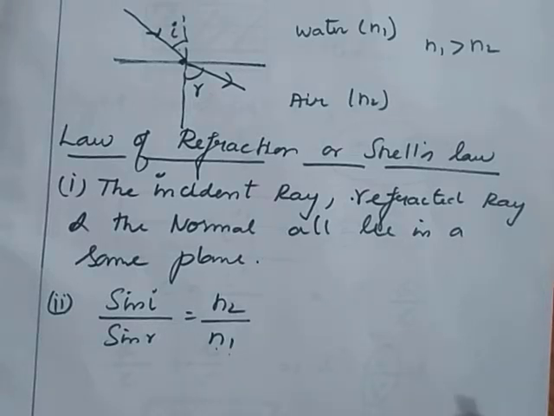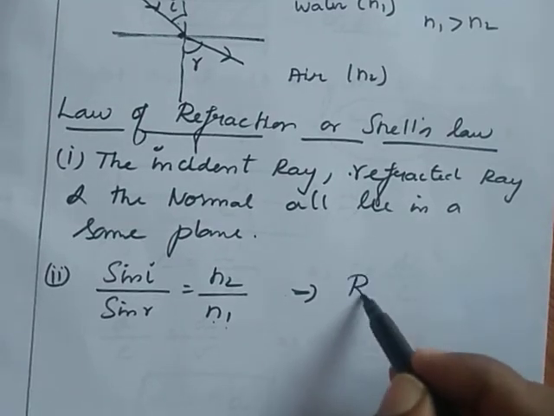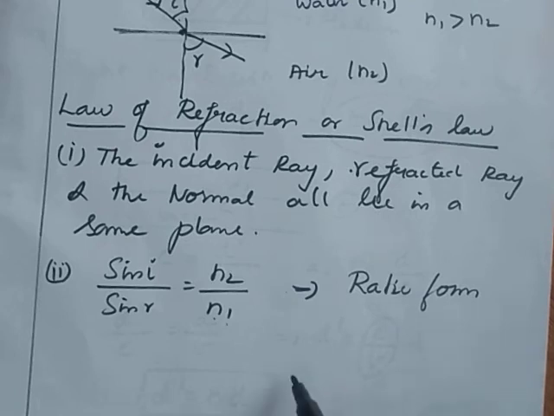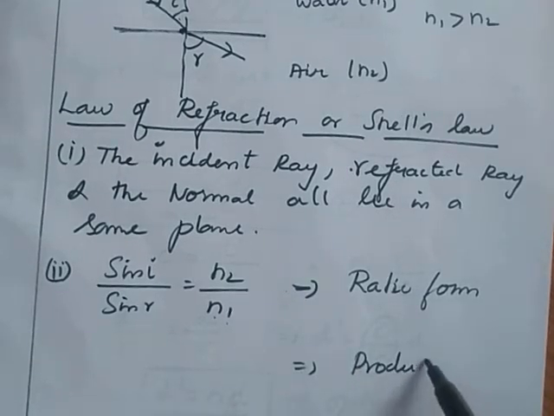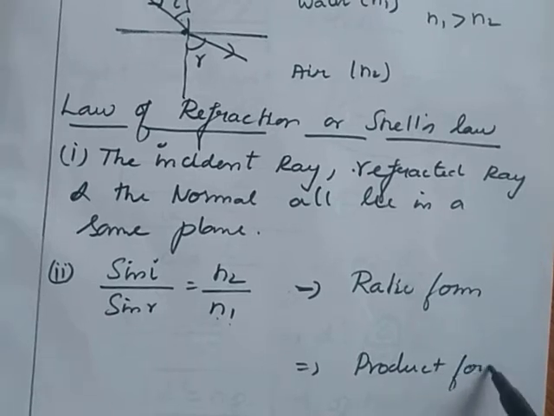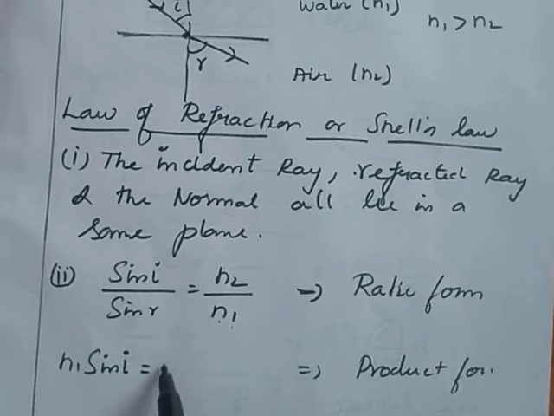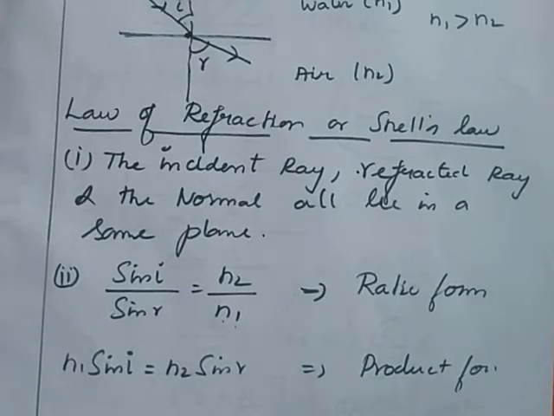Here this one is in ratio form. In order to write in product form, cross multiply it. n1 sin i is equal to n2 sin r. This is the product form of Snell's law.